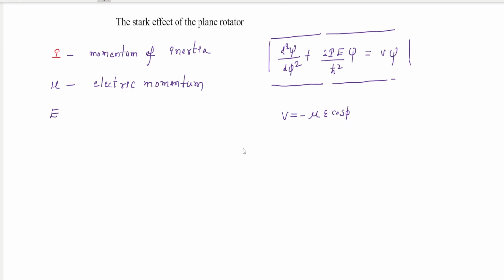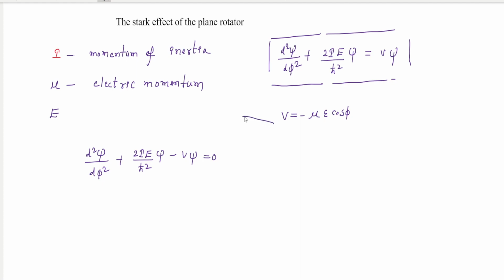Okay, so by using this Schrodinger equation, I'm going to write like this: d square psi divided by d phi square plus 2I divided by h cross square into the wave function psi, minus V psi equal to 0.